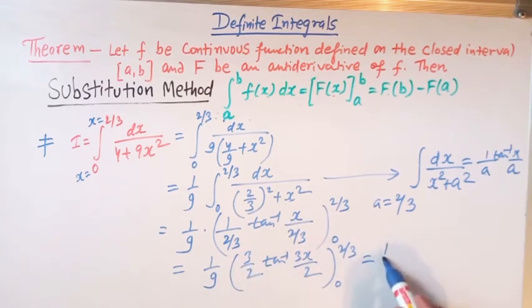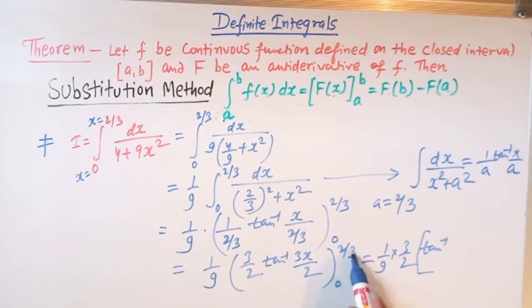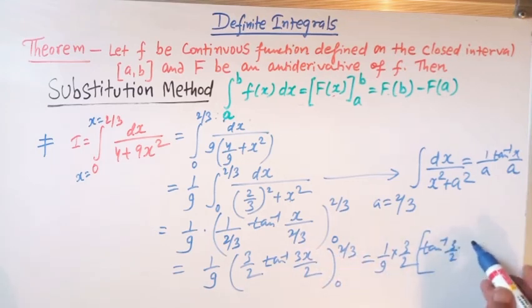And now this can be written as 1 by 9 times 3 by 2, and tan inverse, if we substitute the value of x equal to 2 by 3 here, we have 3 by 2 times 2 by 3, and minus, here we have 0, so this is tan inverse of 0.